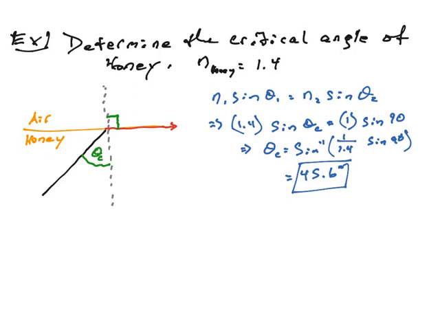That's total internal reflection. At exactly 45.6, the exact critical angle, it doesn't reflect back and it doesn't go through, it skims the surface instead. But if you were to shine a laser beam at 40 degrees, a lesser angle, then the laser beam would come out of the honey and someone outside can see it.